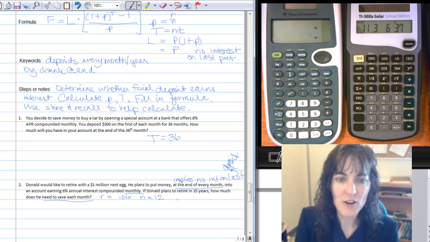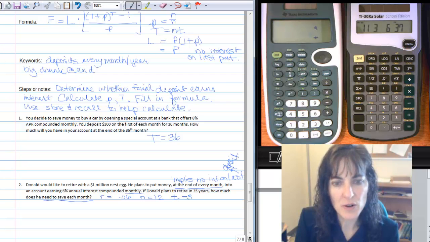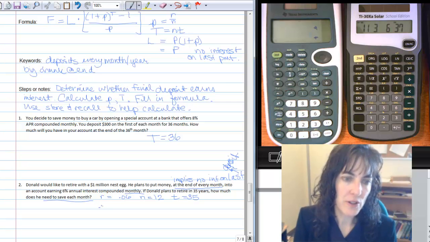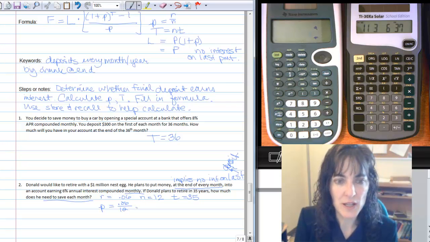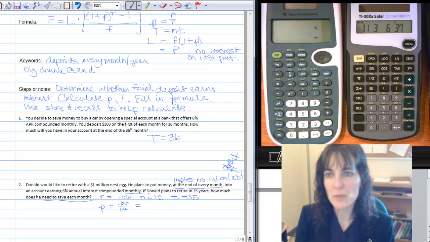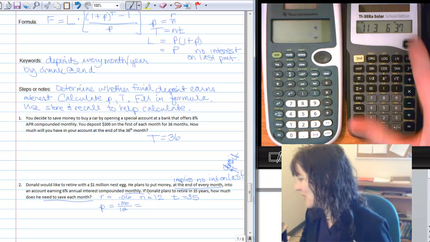So we have our R and our N. We need our T. Our little t is going to be 35 years. And so then we can start calculating. Our little p is going to be 0.06 divided by 12, which is our n. And I think that is 0.005 if I haven't forgotten.